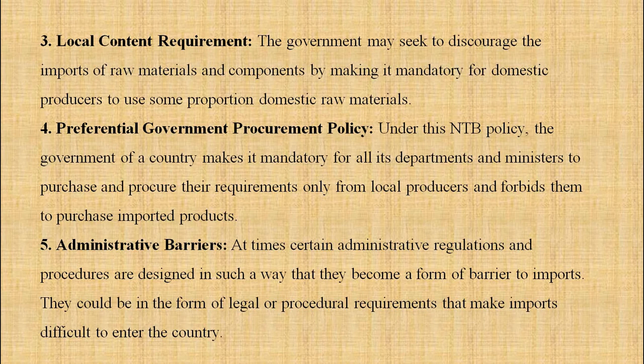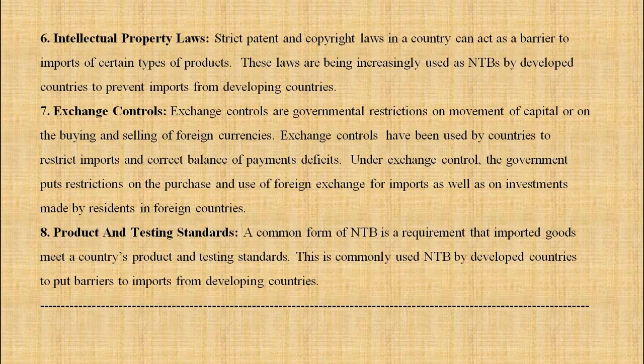Next, administrative barriers. At times, certain administrative regulations and procedures are designed in such a way that they become a form of barrier to imports. They could be in the form of legal or procedural requirements that make it difficult for imports to enter the country.